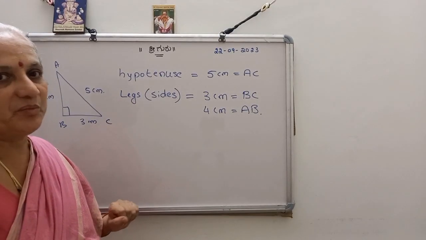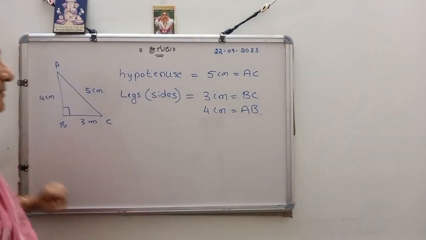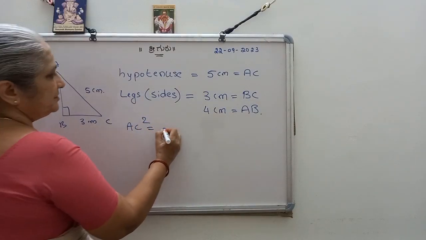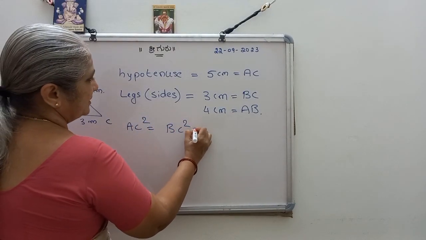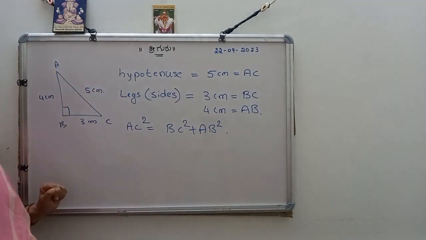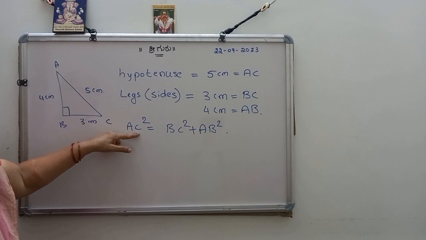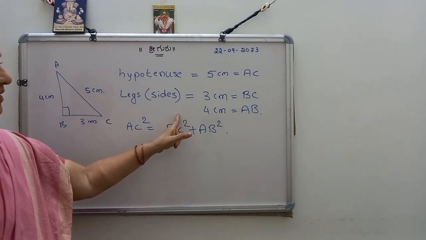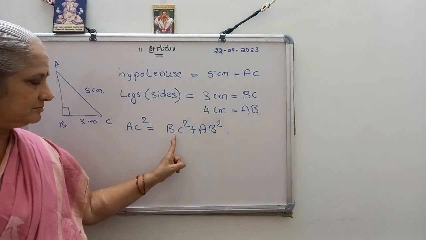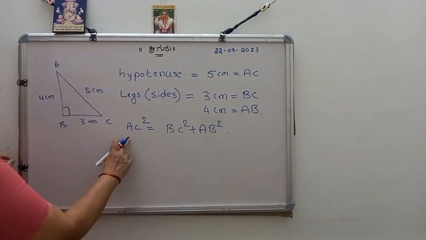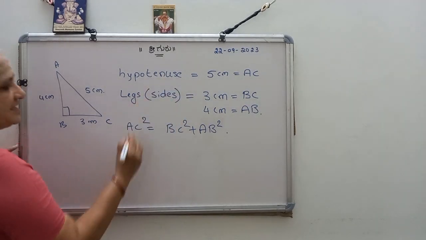By Pythagoras property, what can we write? AC square is equal to BC square plus AB square. Hypotenuse square is equal to sum of squares of legs or other two sides. Here AC is 5 centimeter.